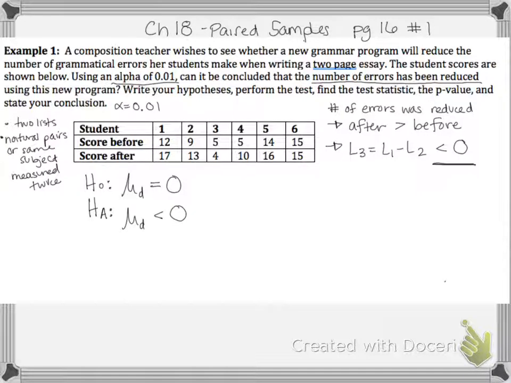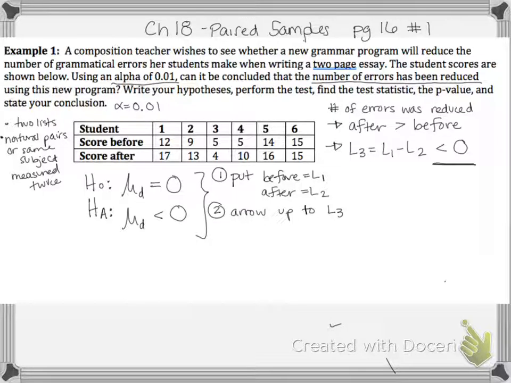So what we're really doing here is putting the data into the calculator and running a t-test on the data. So here are our steps. Step 1, put before in list 1, after in list 2, and then what we have to do is arrow up to highlight list 3.